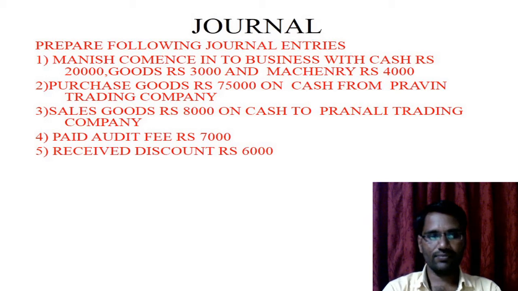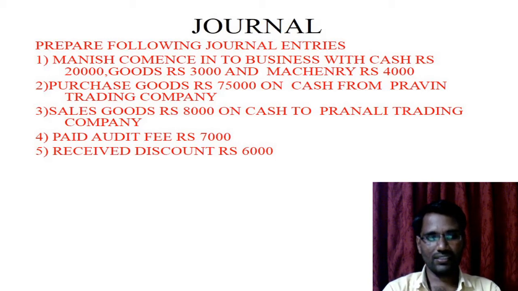Third transaction is sales goods rupees 8,000 on cash to Pranali Trading Company. Fourth transaction is paid audit fee rupees 7,000 and fifth transaction is received a discount rupees 6,000. These transactions we record in the form of journal.